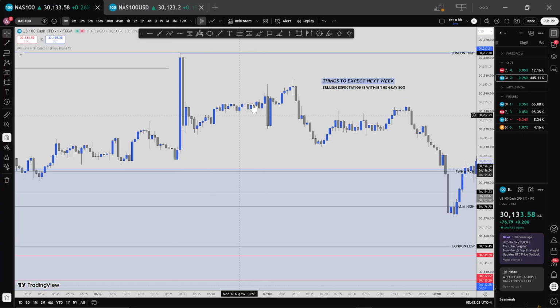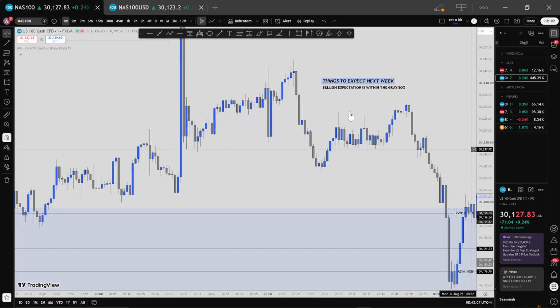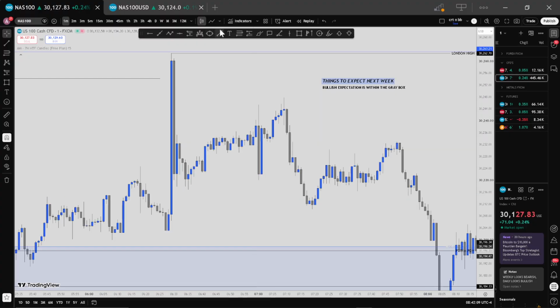We didn't make any setup until in here. As you can see here, we have that 2022 model, swept a high once more, and we break to the downside, forming this market structure shift right there and a fair value gap.